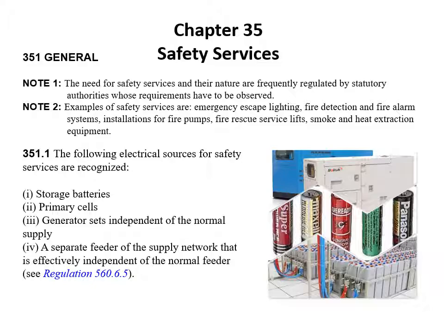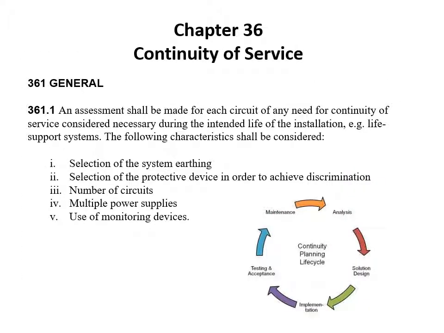Typical safety services are emergency escape route lighting, fire detection, fire alarm systems, installations of fire pumps, fire rescue service lifts, and smoke and heat extraction equipment. All of these safety services need to be built into our system design, and any particular requirements need to be covered.